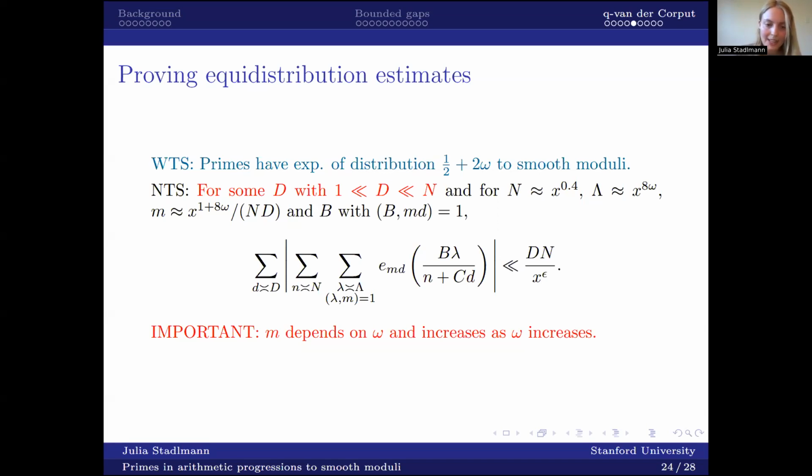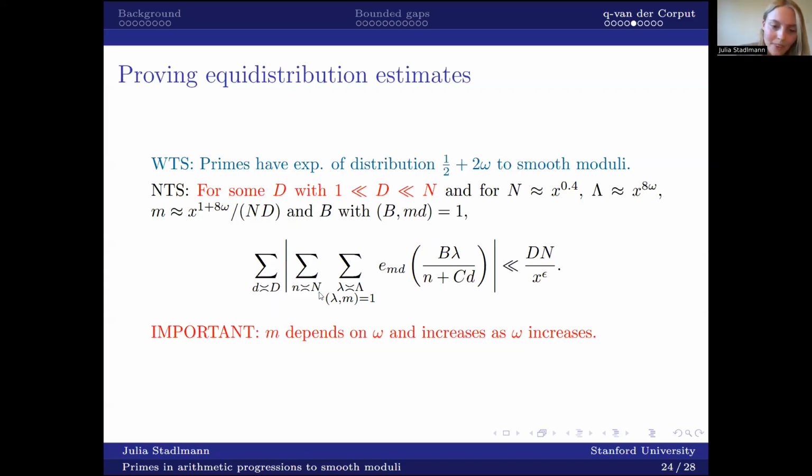In the expression, the factor d taken from the smooth modulus and used in the Q van der Corput method is allowed to be any size. So this is why it's important to talk about smooth moduli. If we have a smooth modulus, it has lots and lots of prime factors, and that means we can take out a factor of arbitrary size.